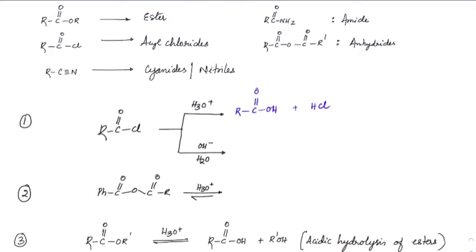The lone pair on oxygen attacks H plus, then water will attack here, making the SN tetrahedral mechanism. After that, chlorine will be released, and that's how we will get the acid back. Same mechanism, we'll get this.